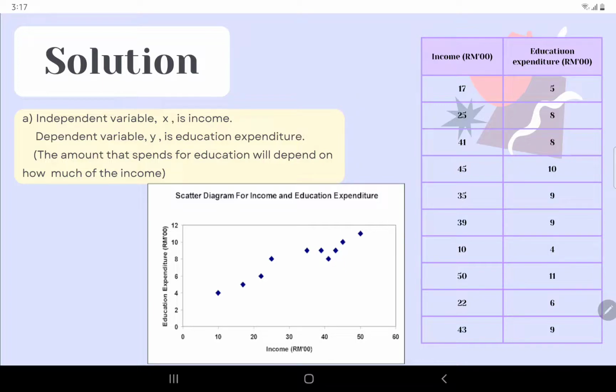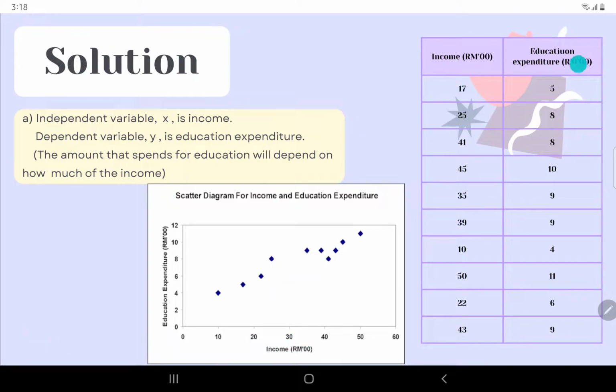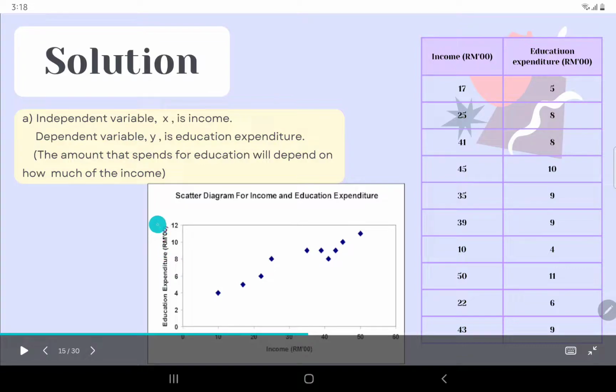Okay, so how to plot the scatter diagram? So you look at here. Income 17 maksudnya 1700 lah. Sekat sini ada tulis income 00. So 17, expenditure dia 500, dekat sini pun expenditure dia 00.